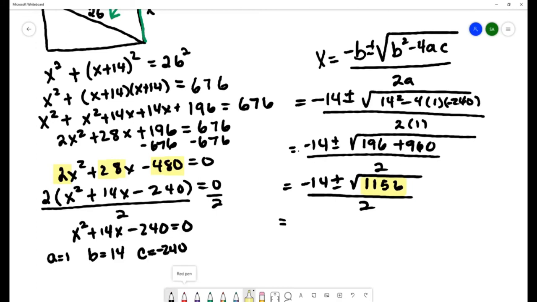Remember, perfect squares are like, 2 squared would be 4, 3 squared is 9, 4 squared is 16, 5 squared is 25, 6 squared is 36. So I'm going to try to see if I can find some of these perfect squares that divide into 1,156.